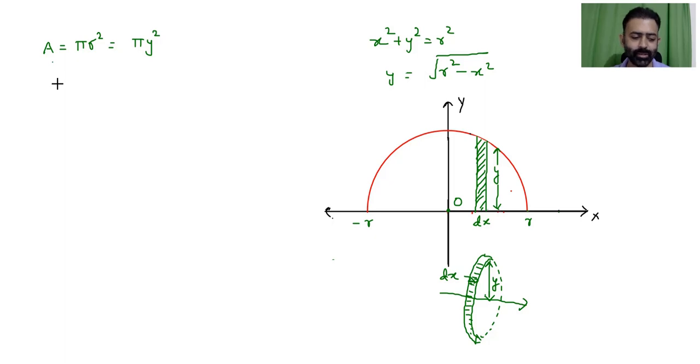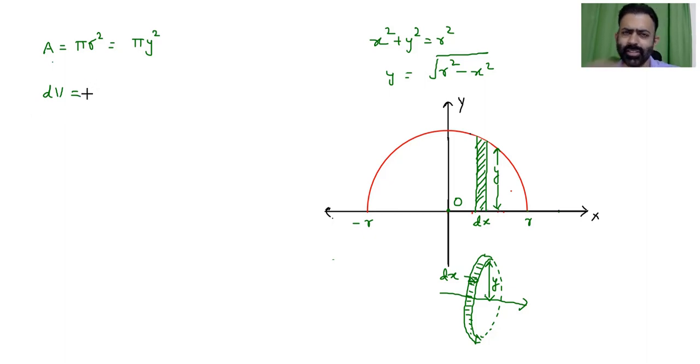Okay, consider, let us say this is one disk, this is one disk, and this is one disk, so adding all these vertical strips, you will get the volume. Fine. So the volume of this small disk is denoted by dV, and if I multiply this area with its width dx, you will get the volume of this circular disk.